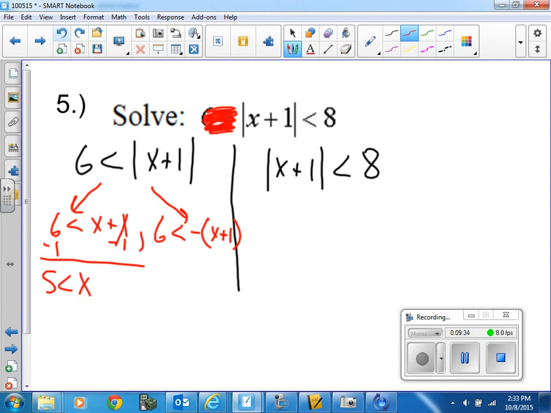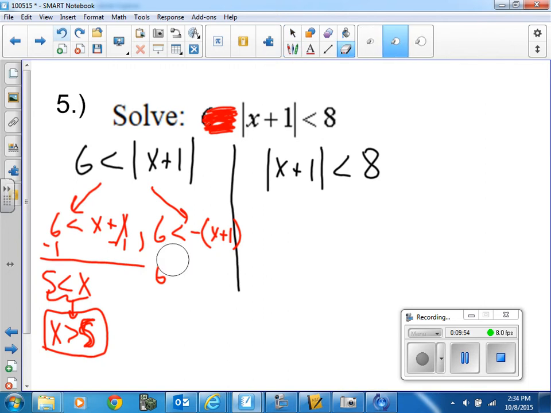Now I can turn this around. This is the same as x is greater than 5, right? These are equivalent. So I can do that. All right, that's my first one. And my second one is going to be, let's see, what I'll do here first is divide by negative 1, divide by negative 1. That means we have negative 6.